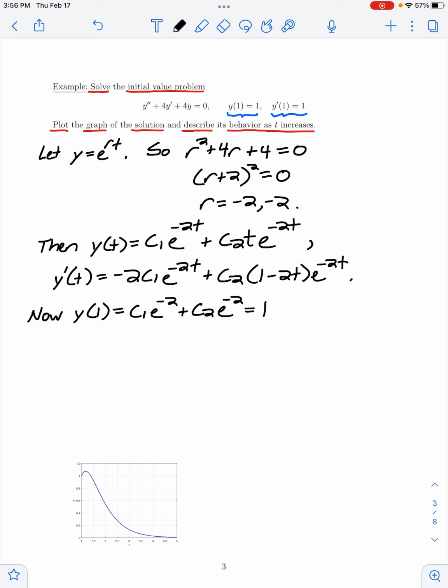I was told that value has to be 1. In substituting 1 into the derivative of our general solution, we have negative 2c1 e to the negative 2 plus c2 times 1 minus 2, so times a negative 1, gives us negative c2 e to the negative 2, which also has to equal 1.